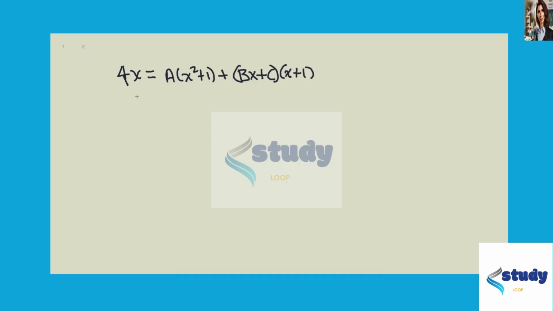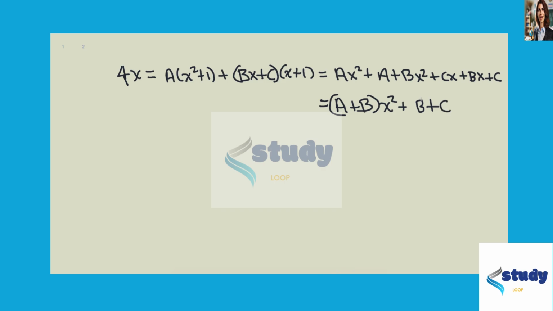And let's just go ahead and simplify this right-hand side. Ax squared plus A, Bx squared, Cx, Bx plus C. And let's combine like terms. A plus B x squared, B plus C x. And then we have an A plus C at the very end.